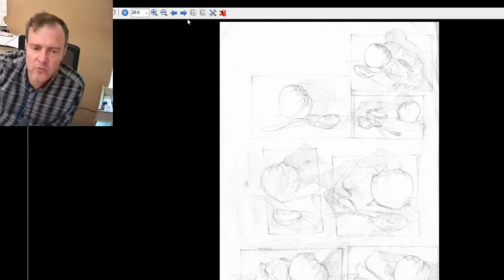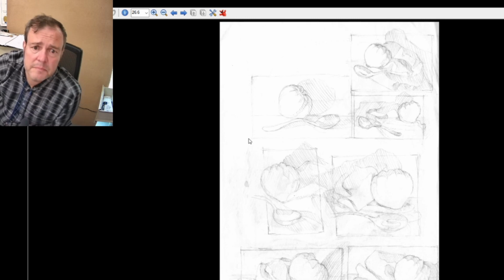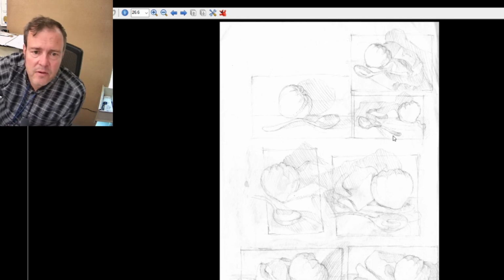When you get really good at thumbnail drawings, it's a good idea to put a bunch of them on a sheet like you see happening here, because you can use a page like this for your AP portfolio. You can use a page like this for your college portfolio.